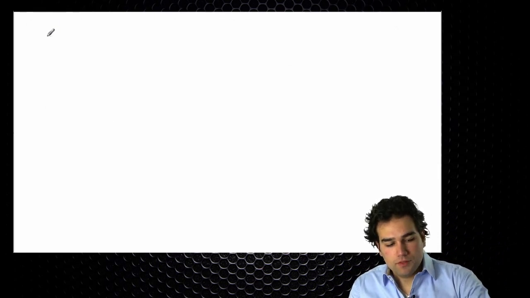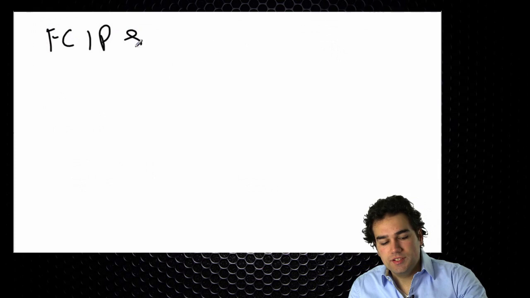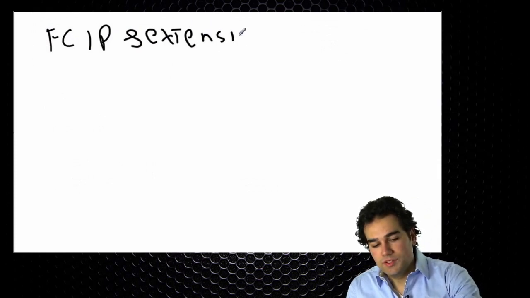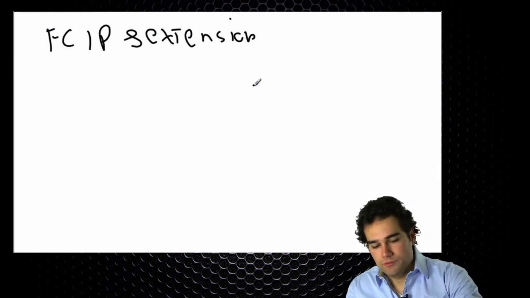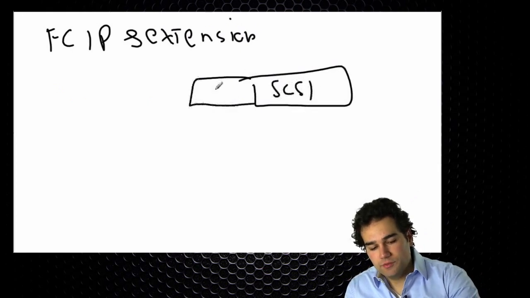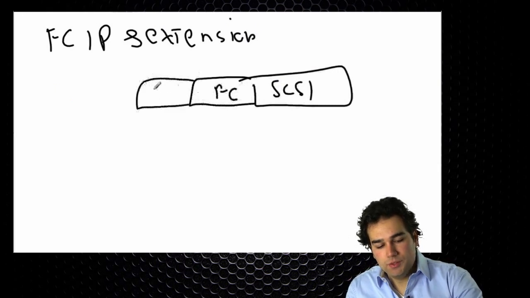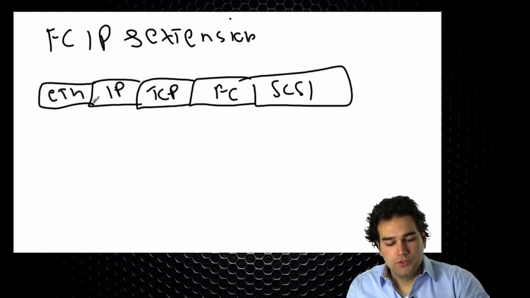Another option is Fibre Channel over IP. This is not something we use here because this is used as an extension between data centers. So this is to transport Fibre Channel frames. Remember, we have our SCSI command, we have the Fibre Channel frame, and we encapsulate that Fibre Channel frame into a TCP frame. And of course TCP uses IP and Ethernet to be transported.